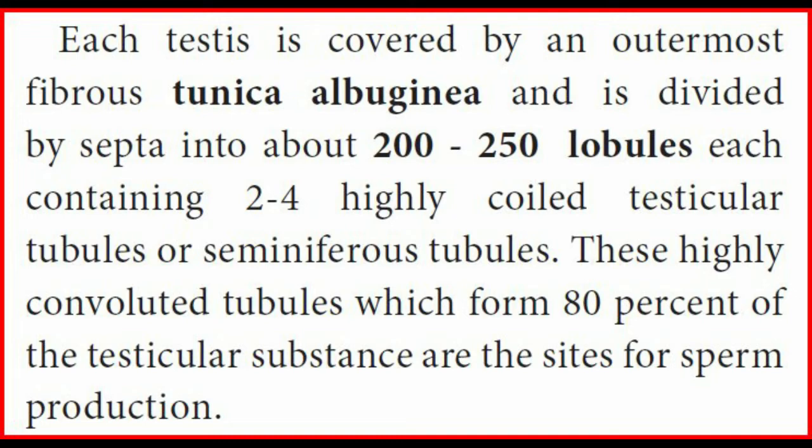Shortly, the testis consists of seminiferous tubules. How are the seminiferous tubules formed? By septa dividing the inside of the testis into 200 to 250 lobules, and they contain seminiferous tubules. I think now you understand.